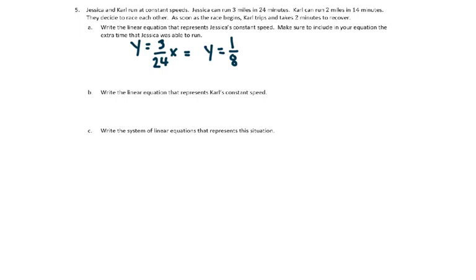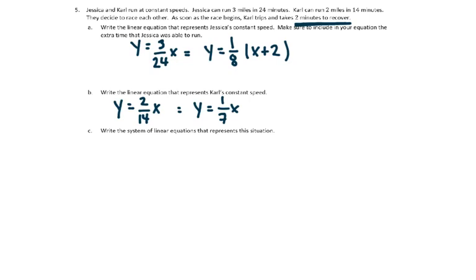And the reason I'm not going to put x is because Jessica had 2 minutes extra on her time. So I'm going to put x plus 2, compared to Carl, whose linear equation is simply y equals 2 over 14x, which we can reduce to y equals 1/7 x. So that is Carl's linear equation.